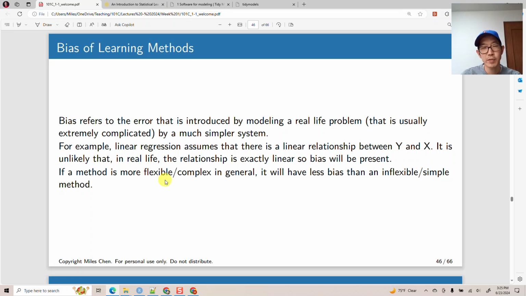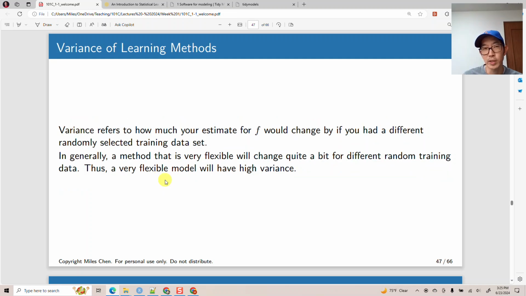If you have a method that's more flexible, more complex, it will generally have less bias because it's able to fit these more complicated situations a little better. The variance, however, refers to how much your estimated line would change if you had a different randomly selected training data set.